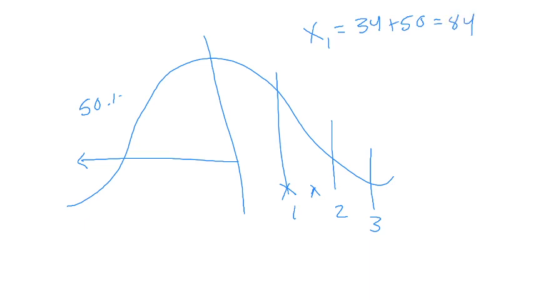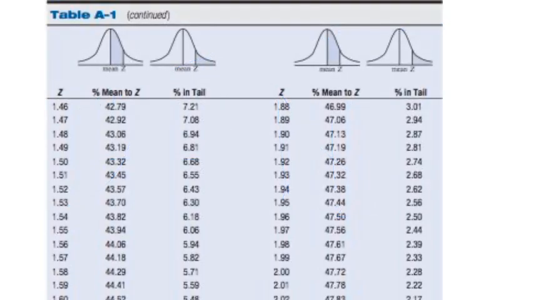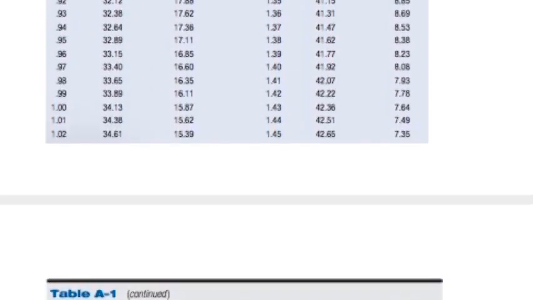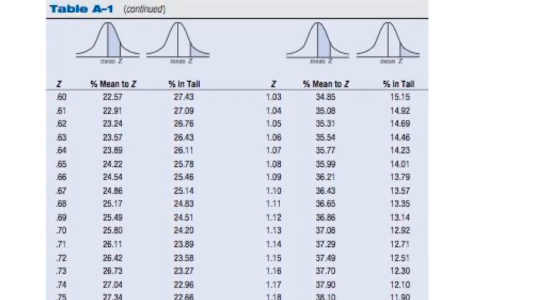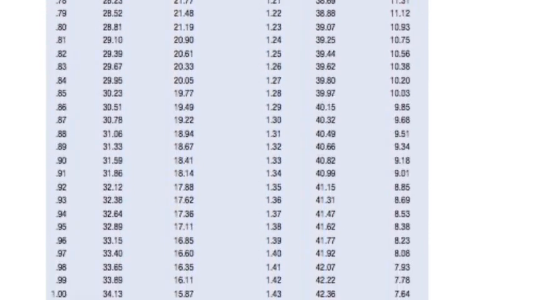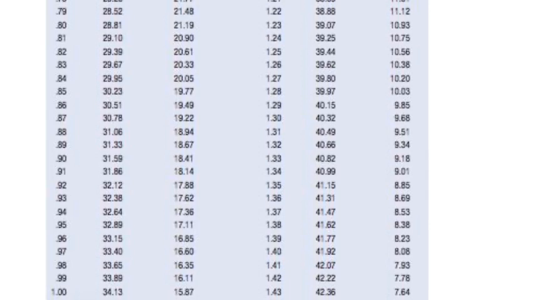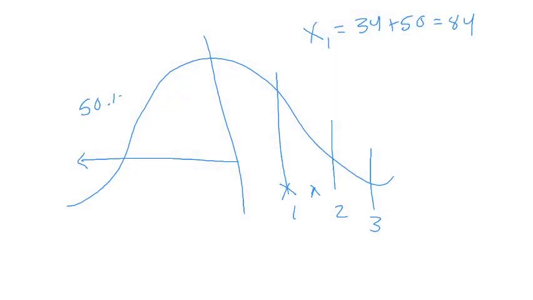Let's go ahead and see how we would figure that out in the table. If we head over to the table, we know that beneath the mean there are 50% of the scores, but we're interested in the percentage between the mean and z for a z-score of positive 1. So we're over here in the percentage of mean to z, and we're moving down to a z-score of 1, and we see 34.13. That's fairly close to what we said before, that we expect 34% of data to be here.